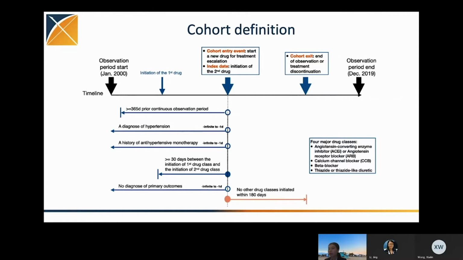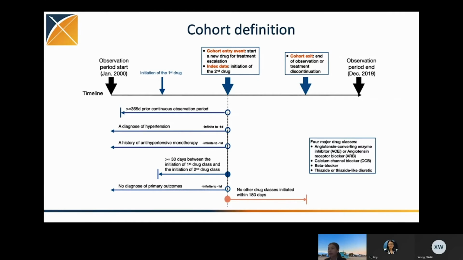For example, we require at least 1 year of prior continuous observation period before the index date. We also require a diagnosis of hypertension at any time prior to the index date, and a history of antihypertensive monotherapy at any time prior to the index date.